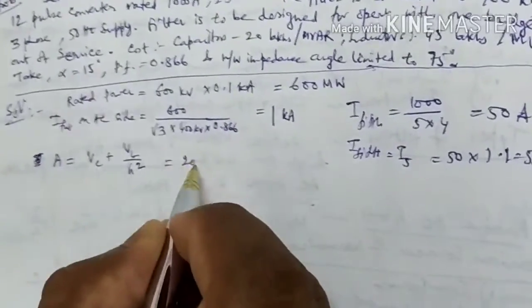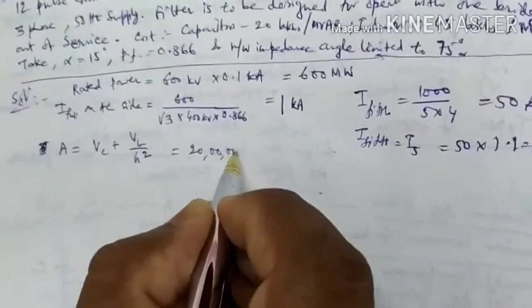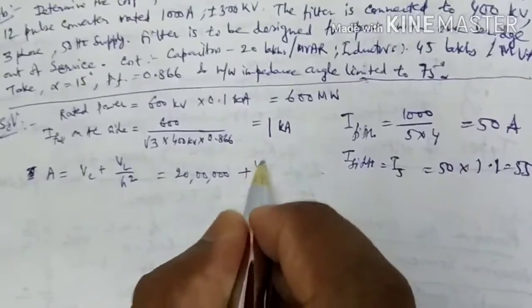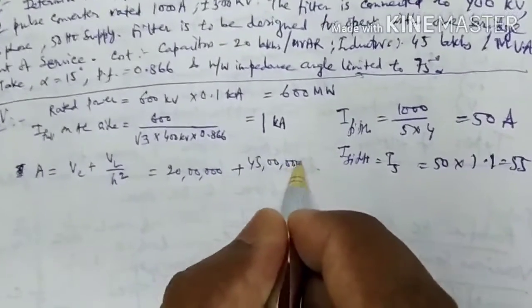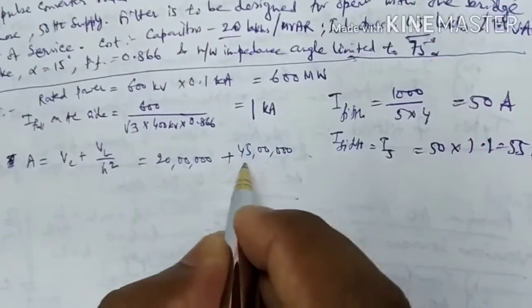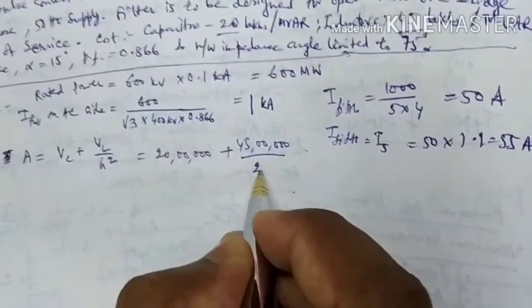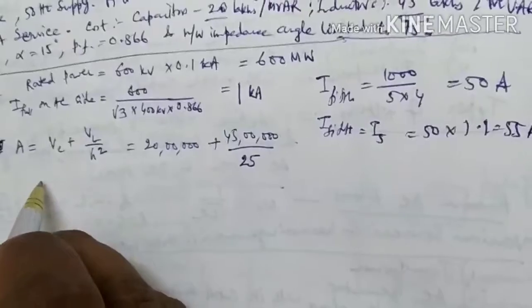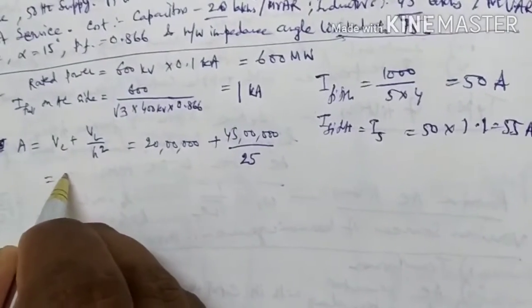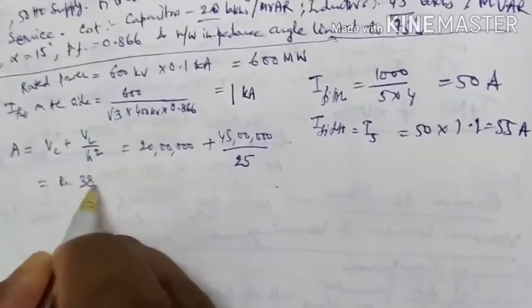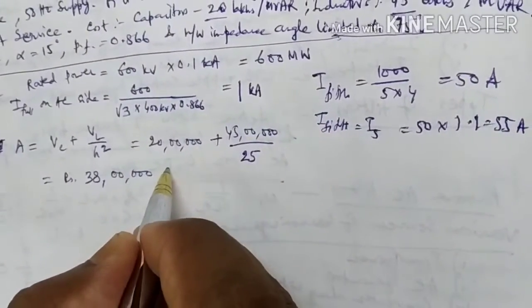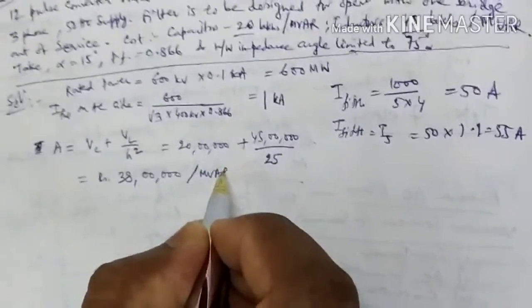So that is 20 lakh plus 45 lakh divided by H square, that is 5 square, 25. So that will be equal to rupees 38 lakh per MVAR.